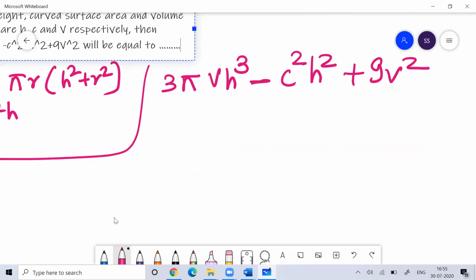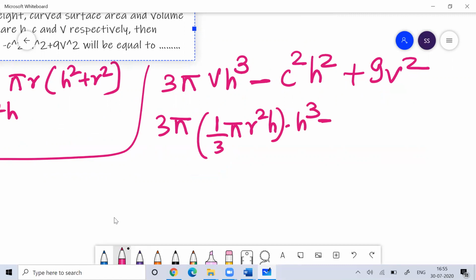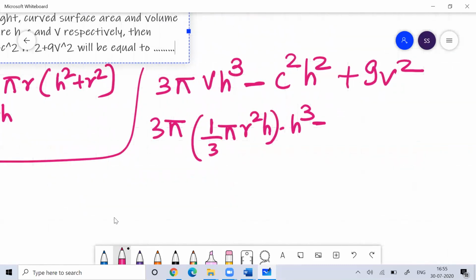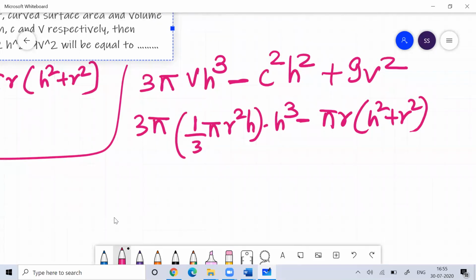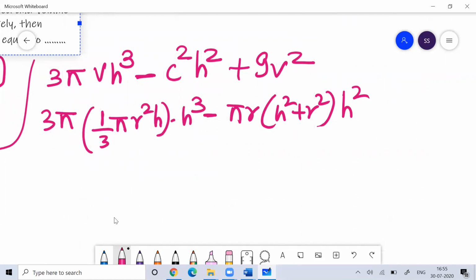Let's do this. 3 pi v is 1/3 pi r square h into h cube, minus c, which is pi r times the square root of h square plus r square, into h square, plus 9 v square.